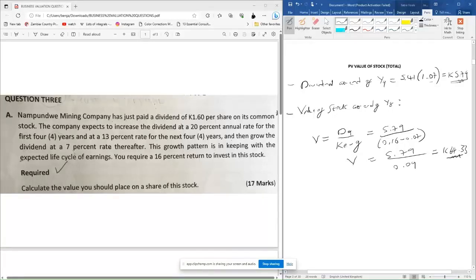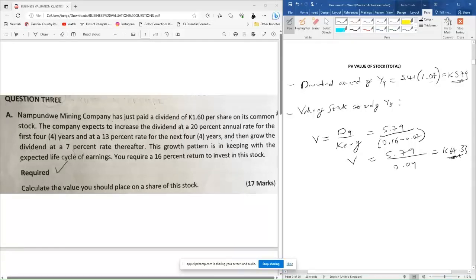Once we found that, remember that the whole goal is to find the value of the stock in the current period. We need to find the present value of our stock in the current period. So we're going to have to discount the 64 kwacha to period 0. We're discounting the value of our common stock at the end of year 8 down to period 0.